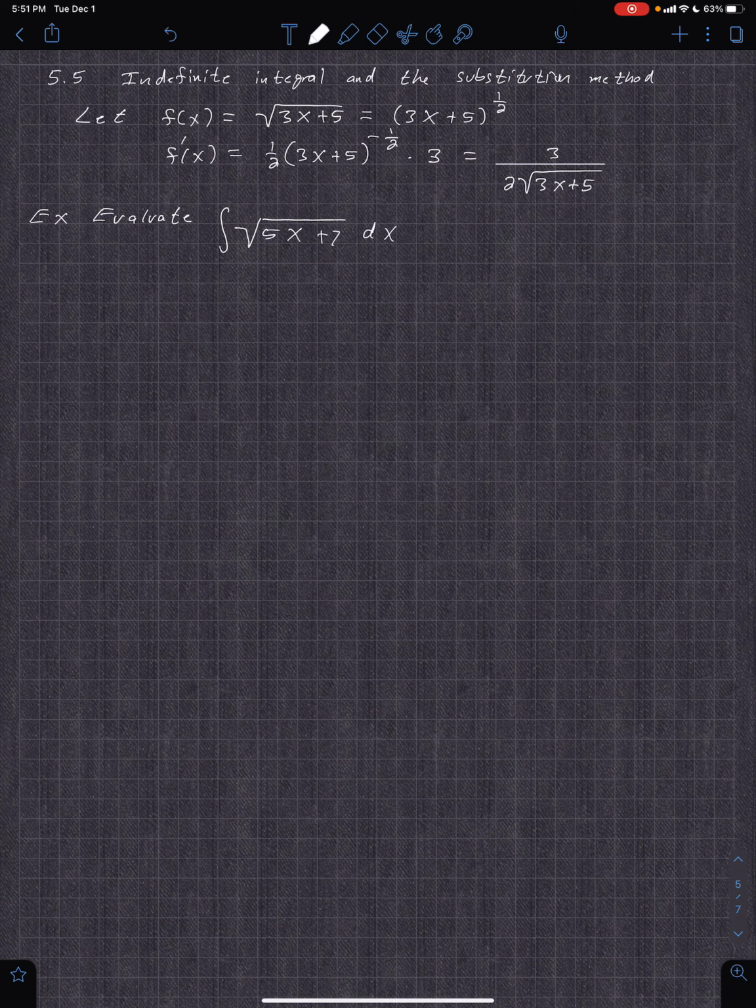So this is the technique you do. So we're going to let this be u. That's why we call it u substitution. So you say let u equal 5x plus 7. And then you do the derivative of that.